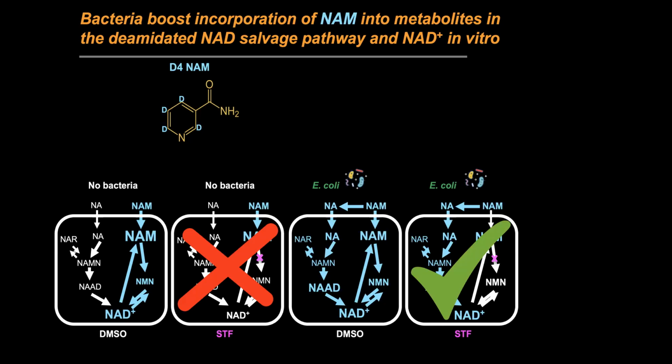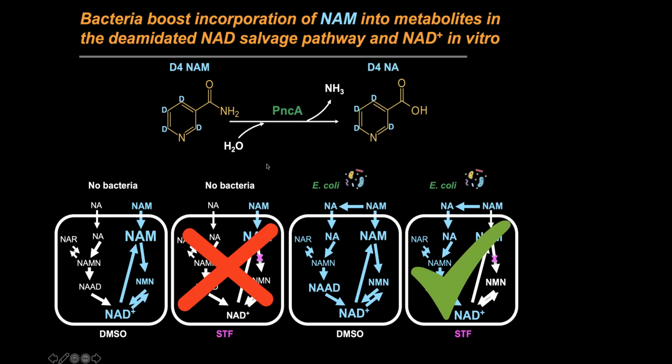So what is going on there? We were able to figure it out. Many microbes, but not vertebrates, have an enzyme called PncA that can convert NAM into nicotinic acid, nicotinamide into nicotinic acid. And we showed that this PncA-mediated conversion of NAM into NA is not only necessary, but also sufficient to protect the cell from NAMPT inhibitor-induced cell death.